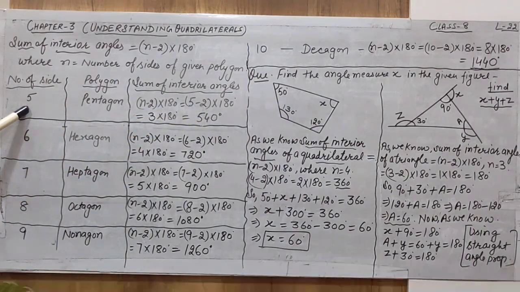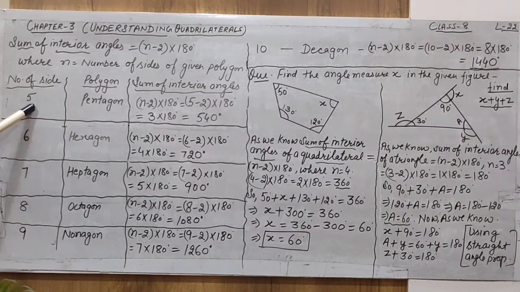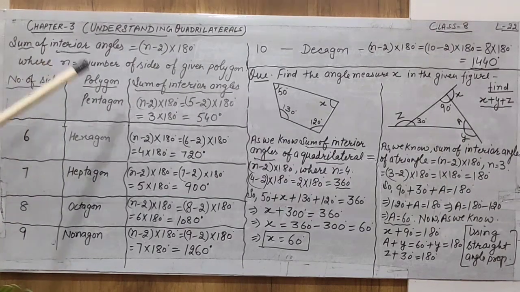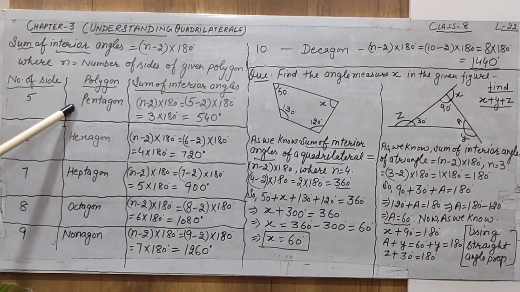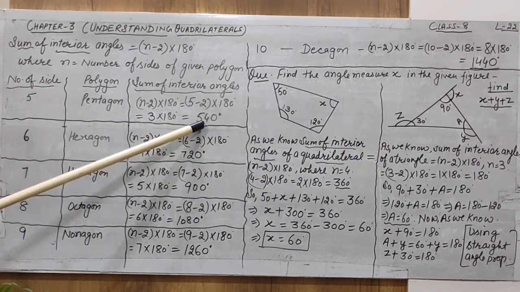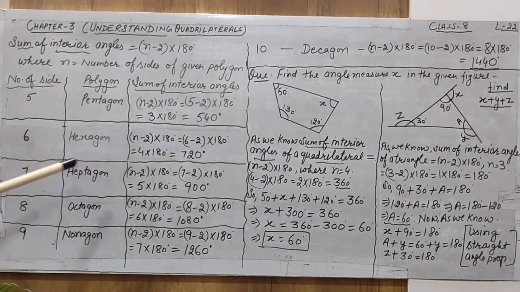If the number of sides is 5, then the interior angles are also 5. Number of sides 5, vertices 5, and the number of angles in the given polygon is also 5. So the sum of the 5 interior angles of a pentagon is equal to 540 degrees.